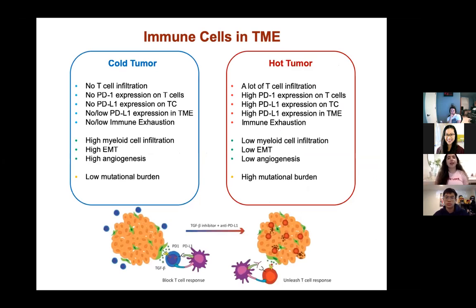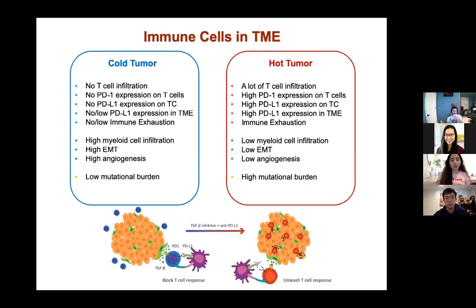So this is a very general concept that's also very famous, which is the immune cells in the tumor microenvironment, the idea of cold tumors and hot tumors. I'm not going to go over this a lot because you guys have seen it before, but this talks about the kind of immune populations that you're seeing within the microenvironment.